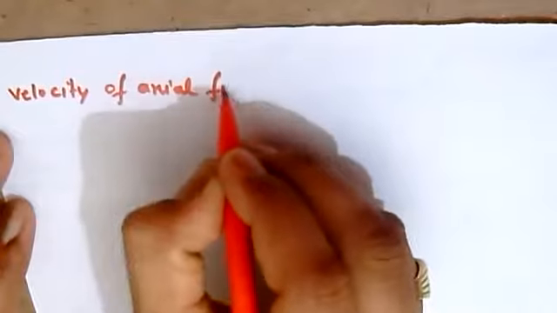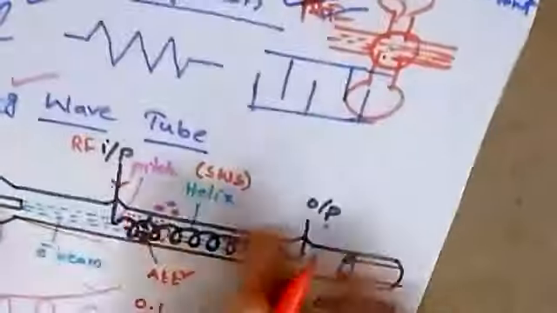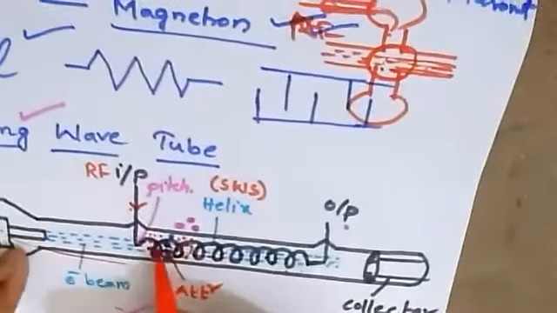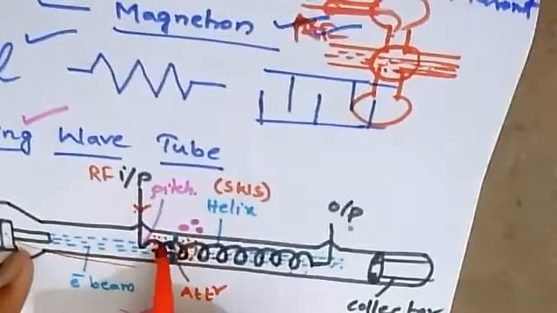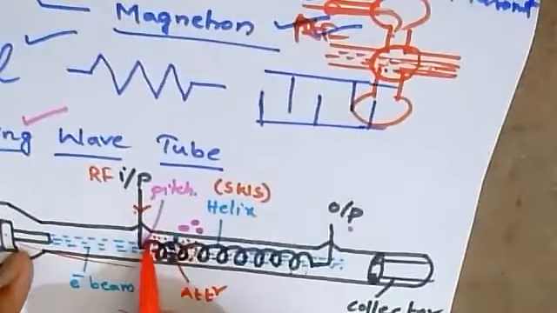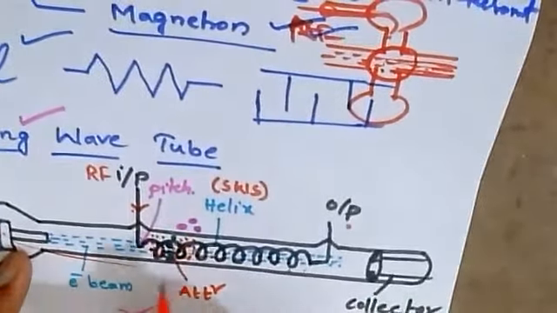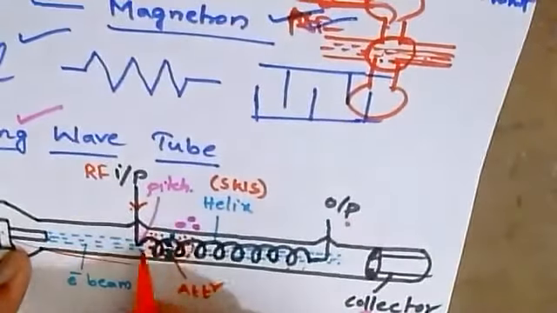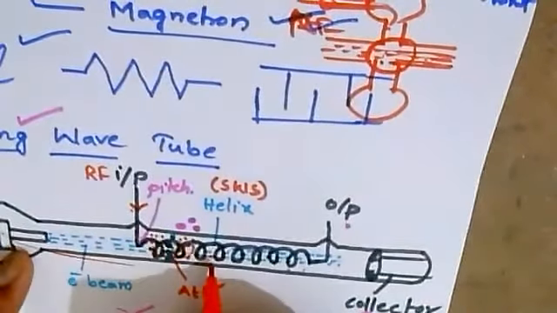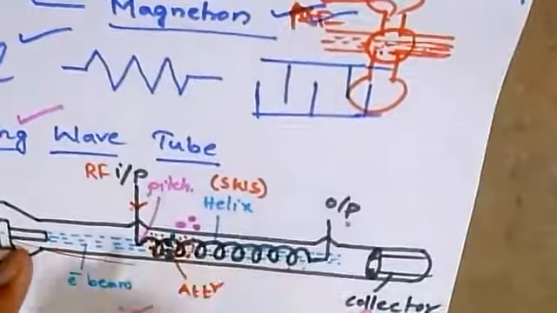As I've told, whenever the RF input is applied to this helical structure, some electric field is produced, and that helps us calculate the velocity at which the wave is propagating.